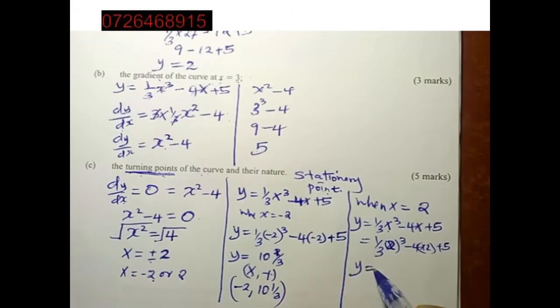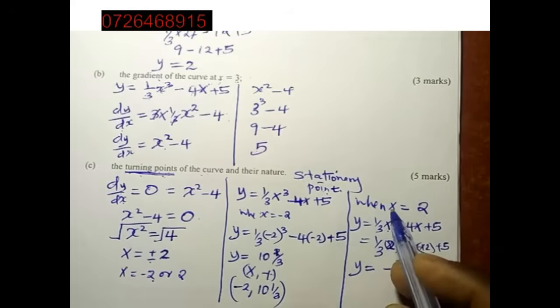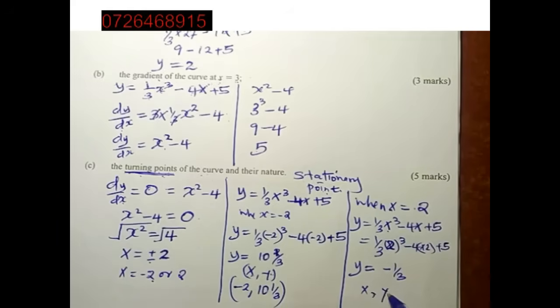So y here, we are going to obtain y as negative a third. Therefore, the turning point when x is equal to 2 will be x, y, where x is 2 and y is negative a third. So these are called the turning points.